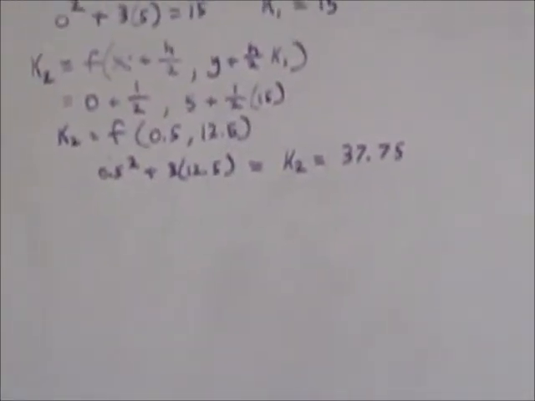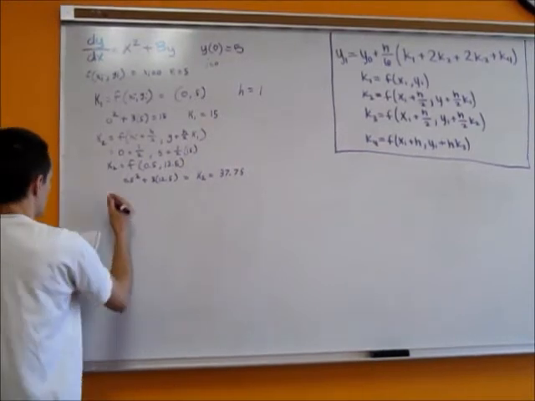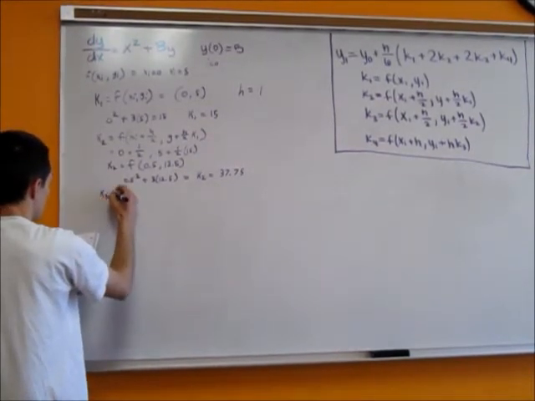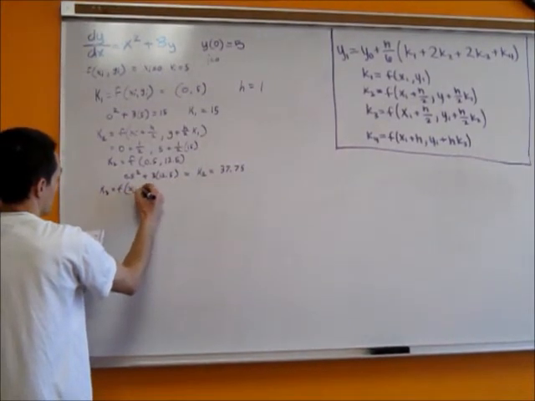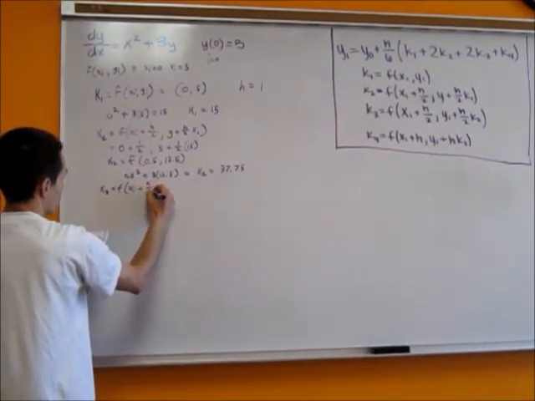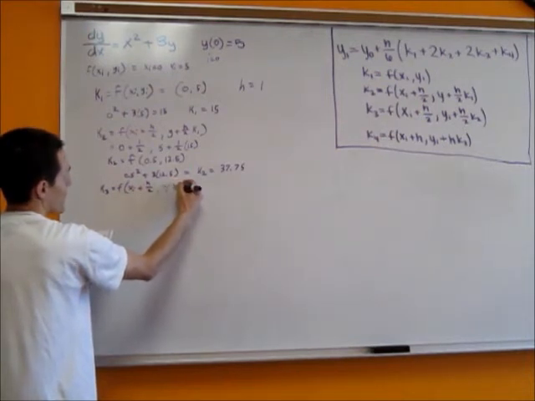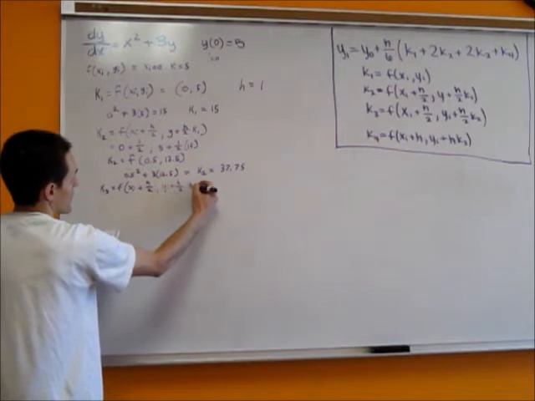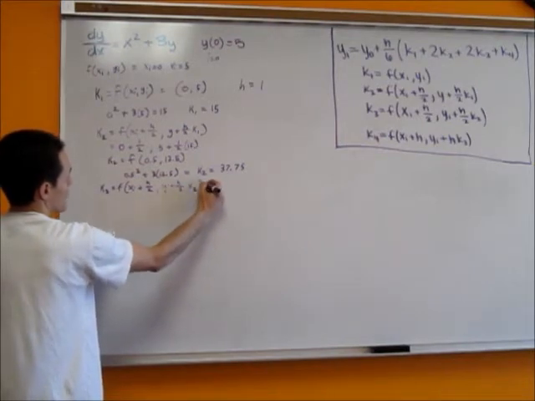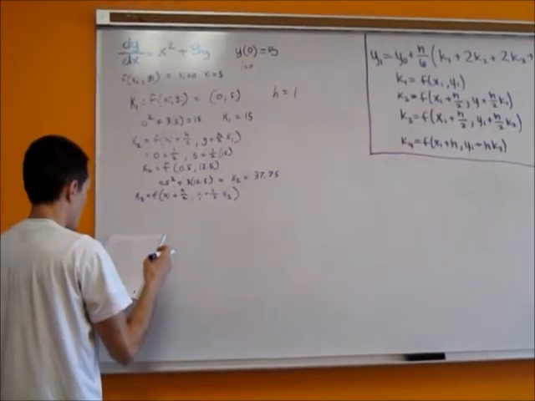So now we're not done yet. Now we have to go to k3. So k3 is f of xi plus h over 2. It's much like k2. So yi plus h over 2. This time it's times k2 instead of k1 like we had originally there.